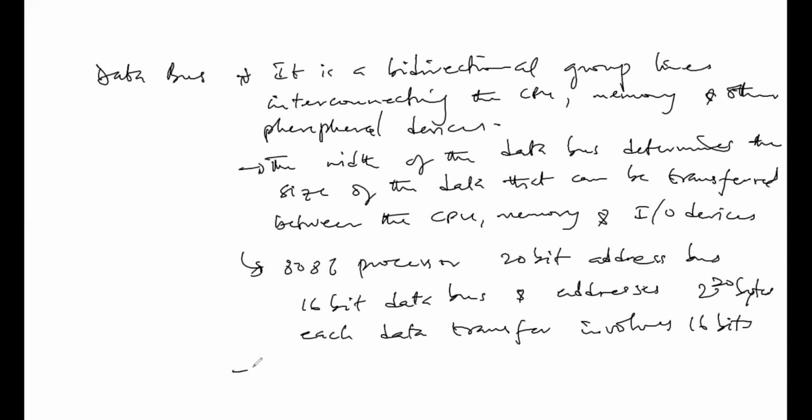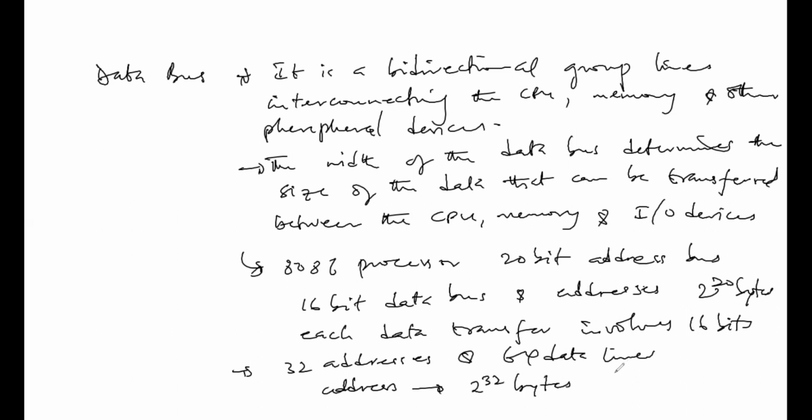While for the Pentium, where we have 32 address lines and 64 data lines, they can address up to 2 to the power of 32 bytes, which is 4 gigabytes of memory, and each can do data transfer of about 64 bits.